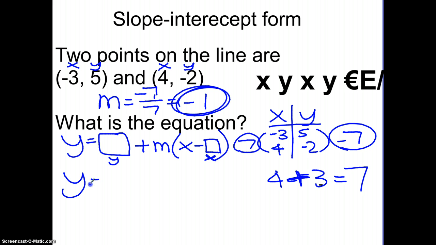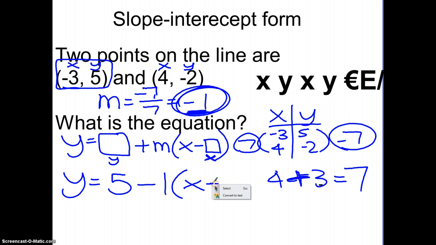If I use the first point, I'm going to have the output of 5. Our slope we found is -1, and then x, take away the x number here, which is -3, so I have to take away a -3. And if I'm subtracting a -3, then that is the same as adding.